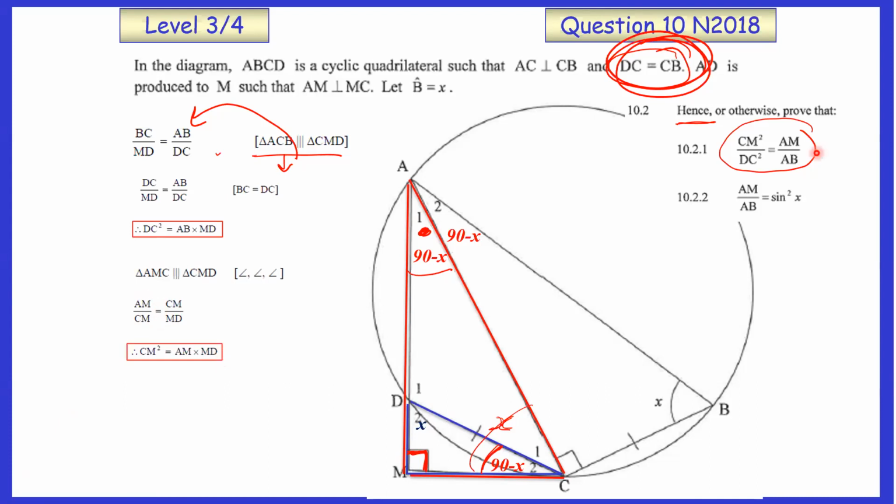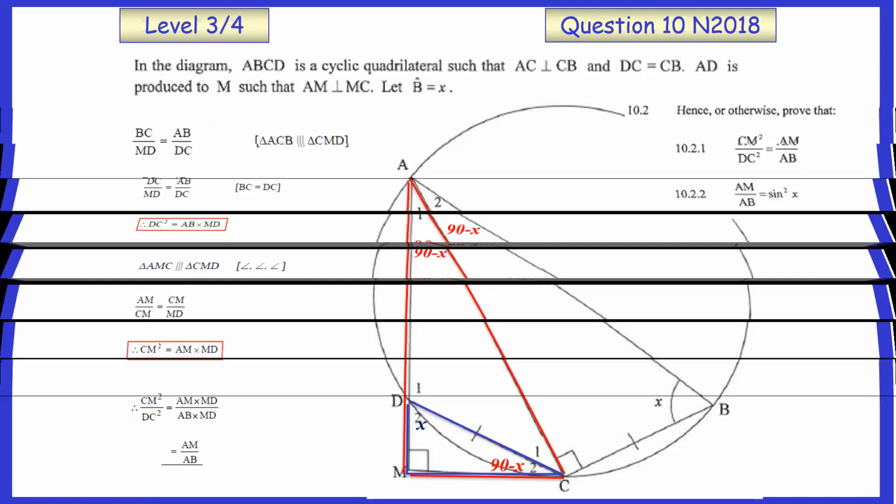Now, look at the question. The question wants us to prove that CM squared over DC squared. So we're going to take this red rectangle here and divide it by the top rectangle. If we take this divided by this, let's look what happens. CM squared over DC squared is equal to AM times MD over AB times MD. And you'll notice the MDs will cancel off.